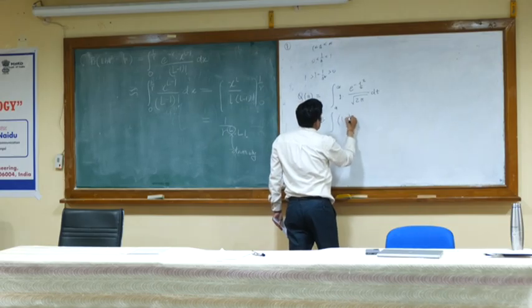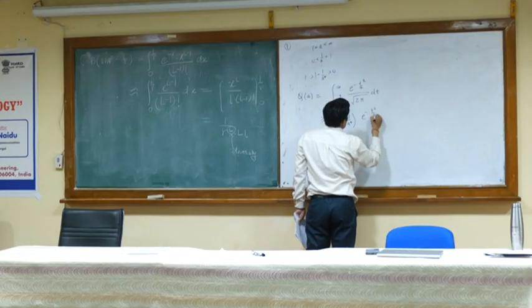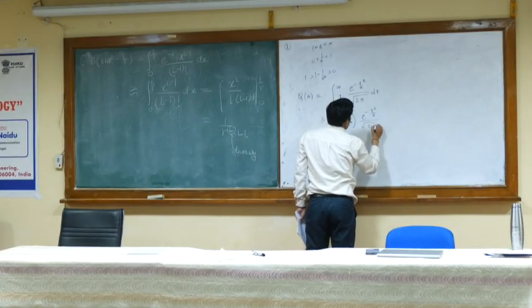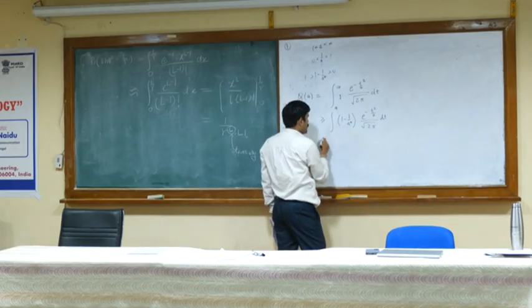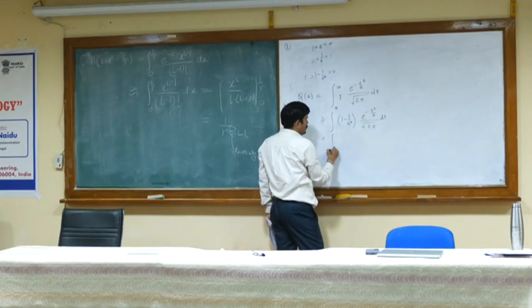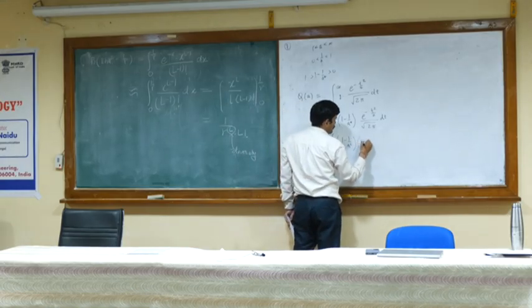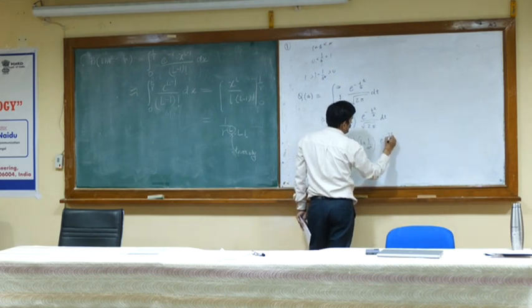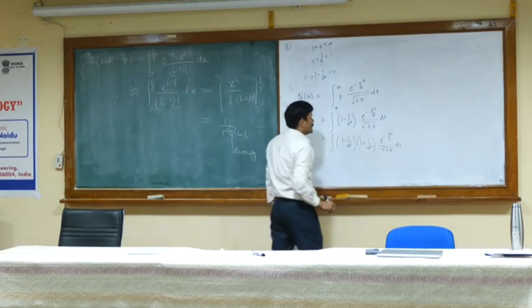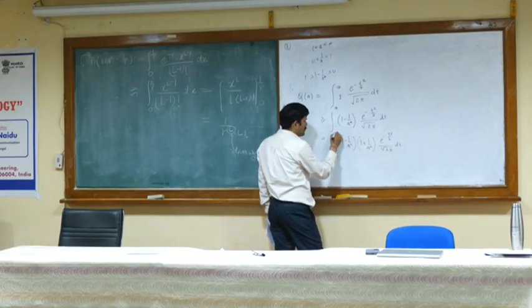So I will put here (1 minus 1 by a to the power 4), e to the power minus t square divided by 2, divided by square root of 2 pi, dt. So I can make this into two parts, (1 minus 1 by a square) (1 plus 1 by a square), e to the power minus t square divided by 2, divided by square root of 2 pi, dt. Okay. So limit here t equals a to infinity.